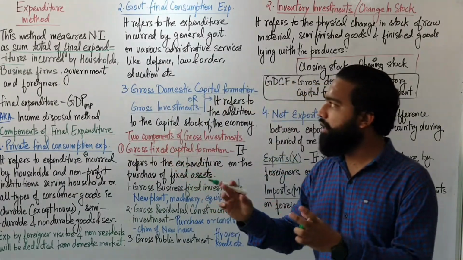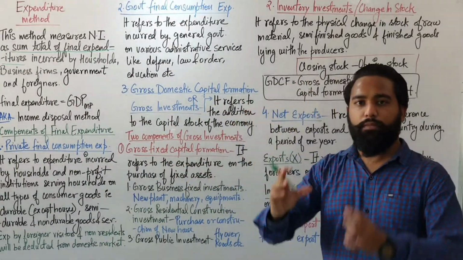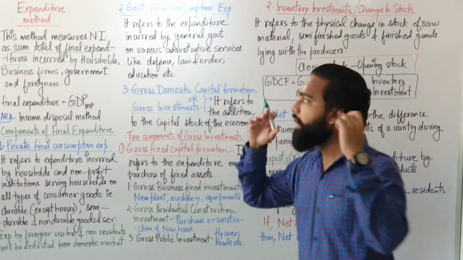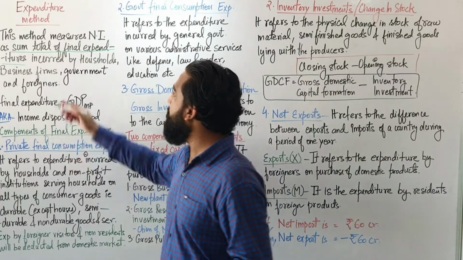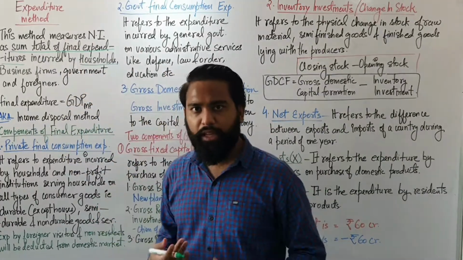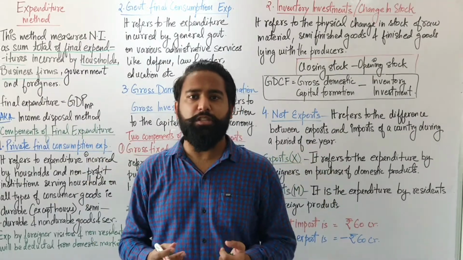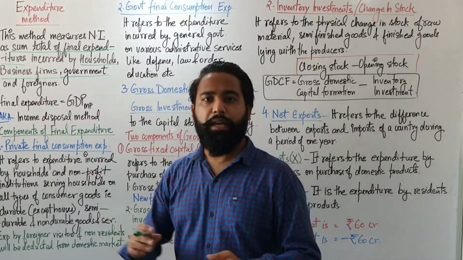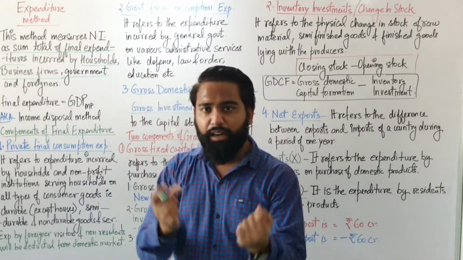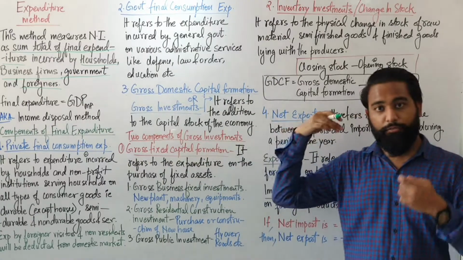With this method, national income is calculated as the total of all the expenditures incurred by the households, the consumers, the business firms, the government, the central authority, and also the foreigners.